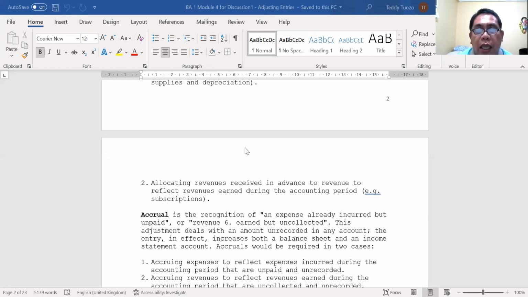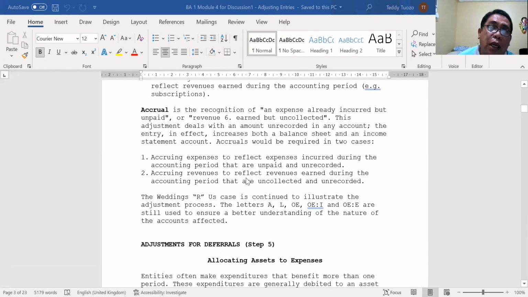So to earn this, the lapse of time will be the proper venue for you to recognize the revenue, no longer a liability. So that is an example.